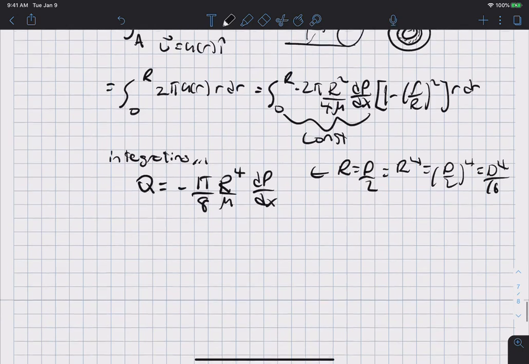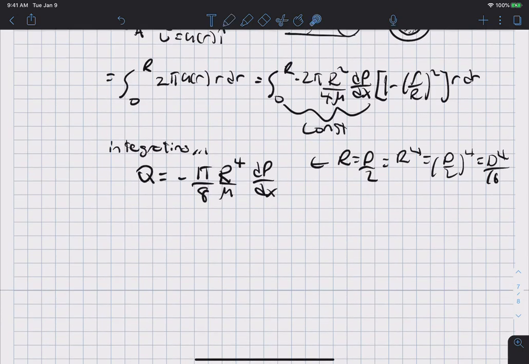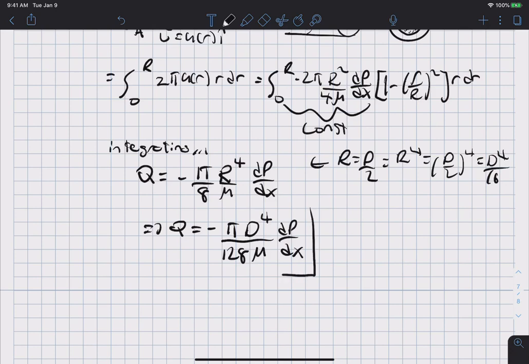If we substitute that, the volumetric flow rate Q is equal to minus pi D to the fourth over 128, because that's 8 times 16, over mu, dp dx.